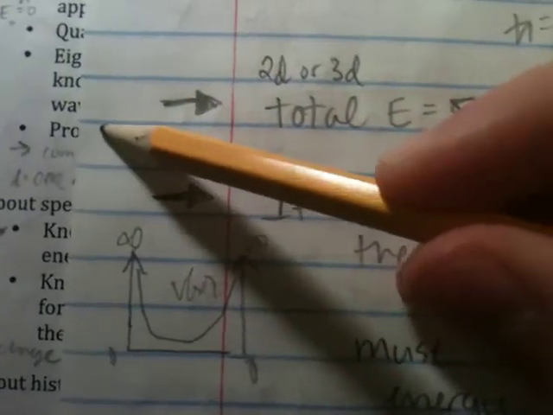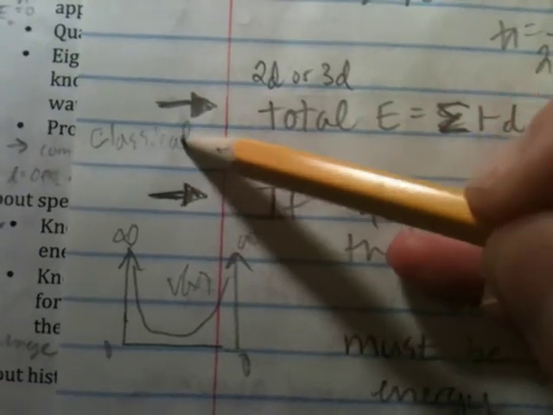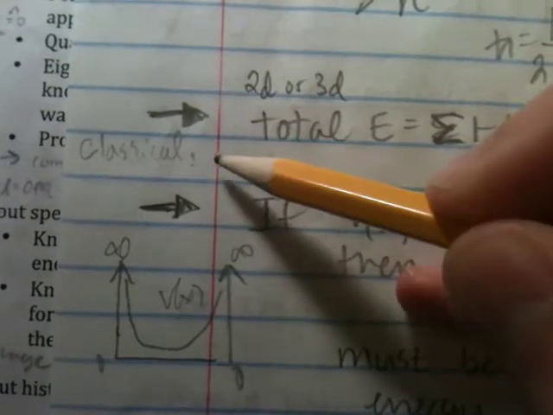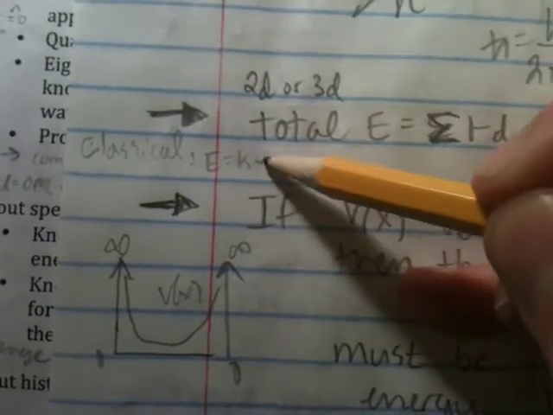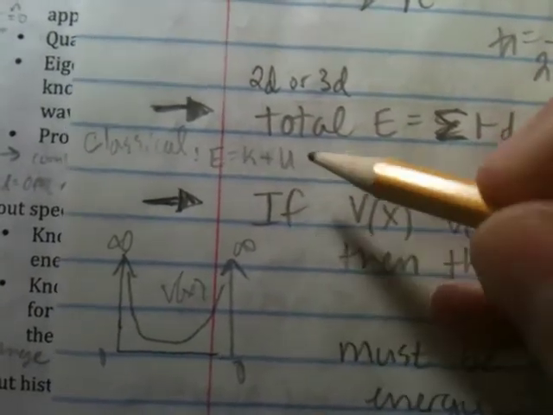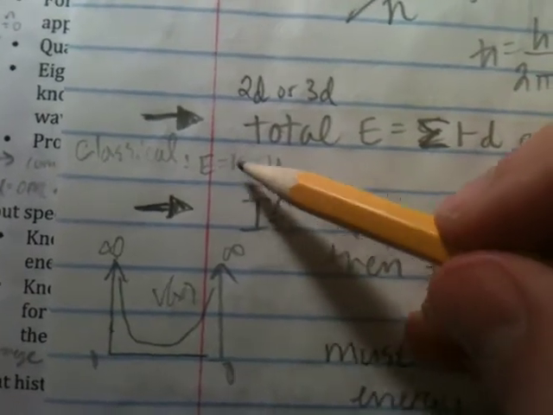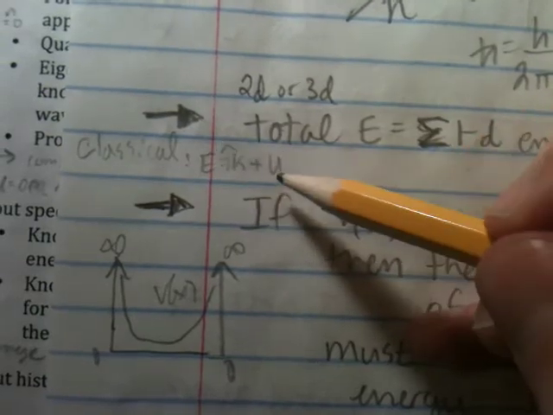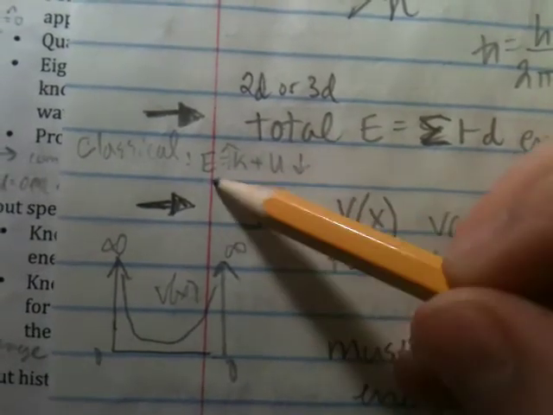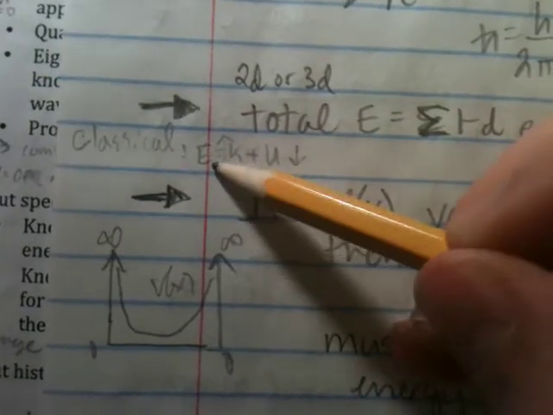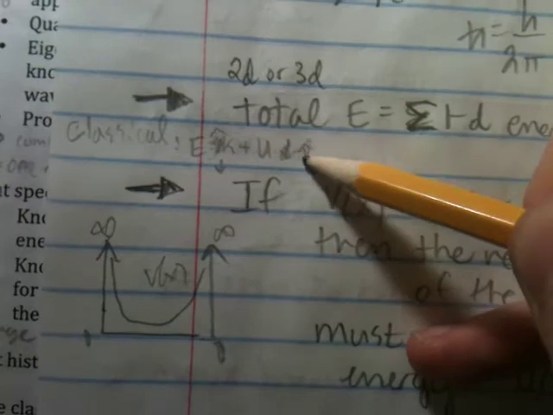So, by analogy, in classical, alright, let's back up a little bit. In classical mechanics, total energy is equal to kinetic plus potential. And that's it, right? So if you increased K, then potential would have to decrease in order to keep the same energy. If K decreased, you would have to increase potential.